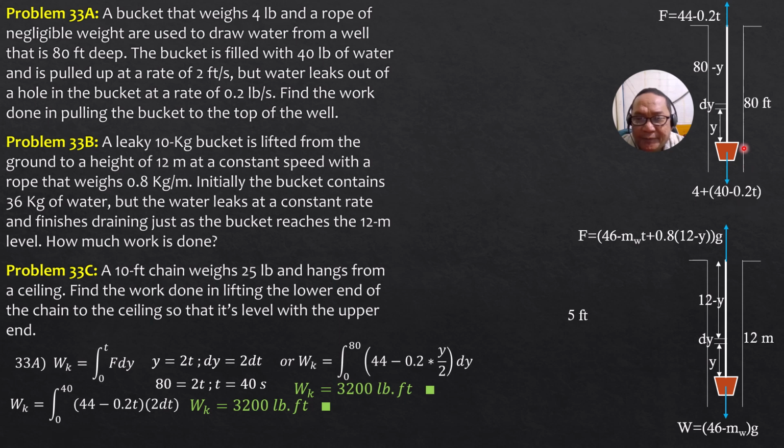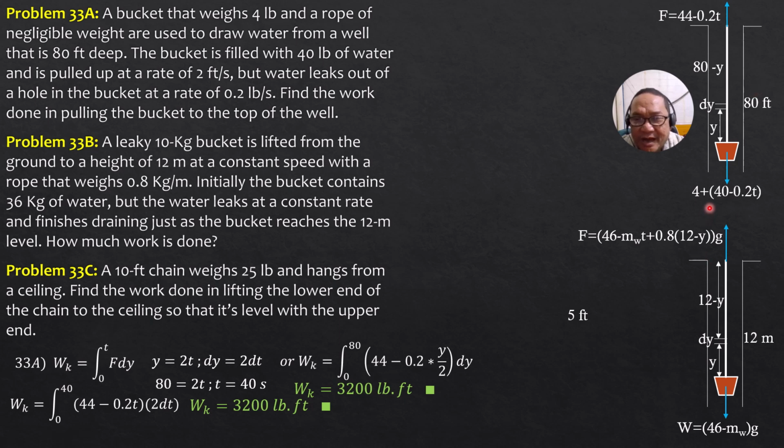Therefore, for the content of water, the work done in pulling the water up to the top, remember its weight changes. So we use the average weight, which is initially 40, then as it reaches the top, 32, then 1/2 of quantity 40 plus 32, that's the average weight, then times 80 feet.